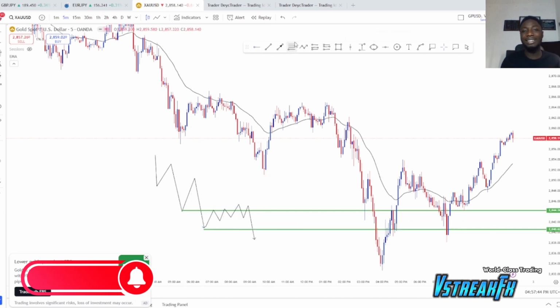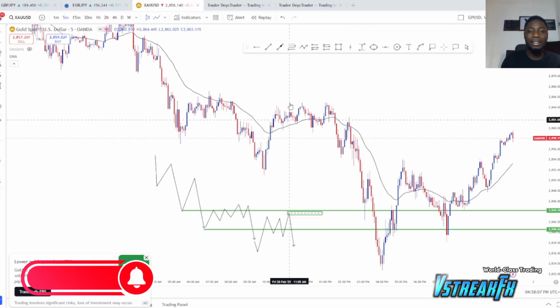Most of us trade this market structure wrongly. Let's say now the market is going here, and the price has possibly created something like this. Then we count this as a new low, and we're looking to take trades around possibly this area.